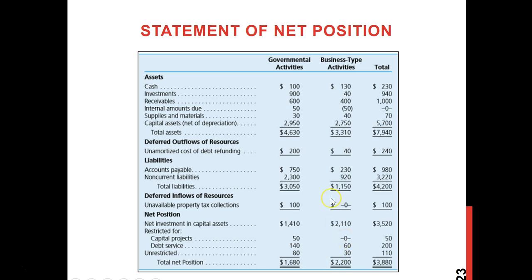So this is how they will prepare their balance sheets, and they will prepare it into two columns. One is under the governmental and another is the business type, and then they will have the total column. So total is nothing but adding the numbers across these columns.